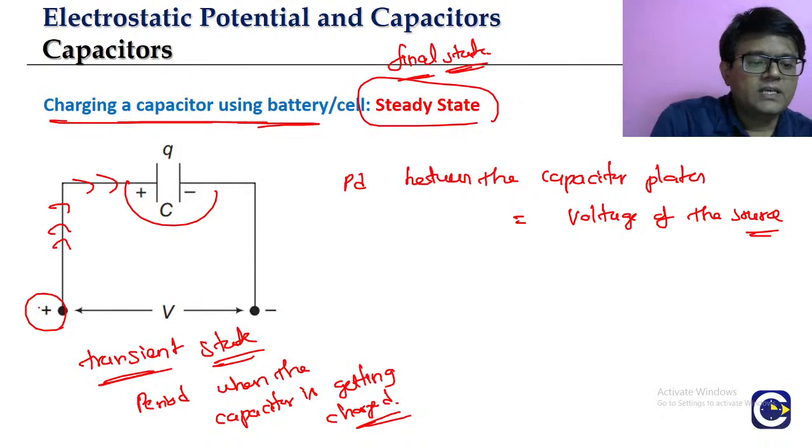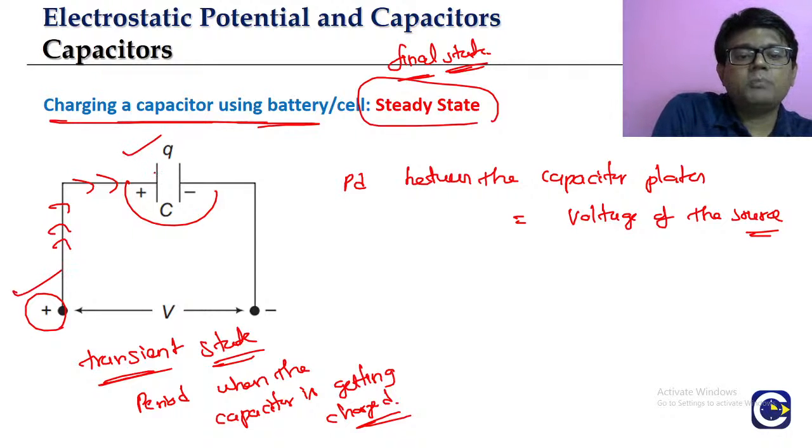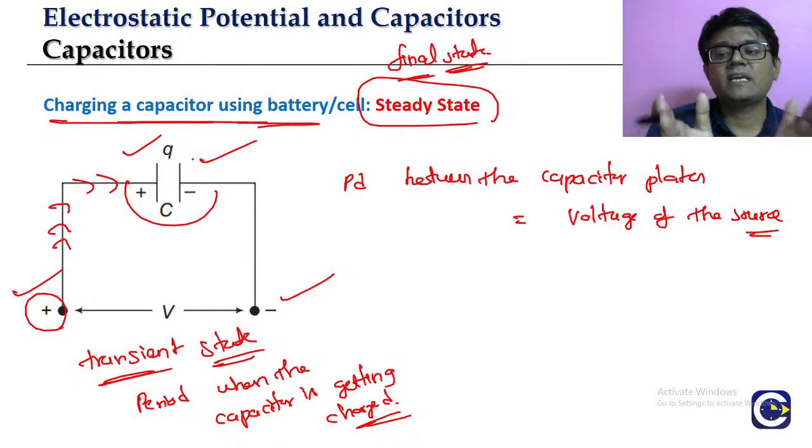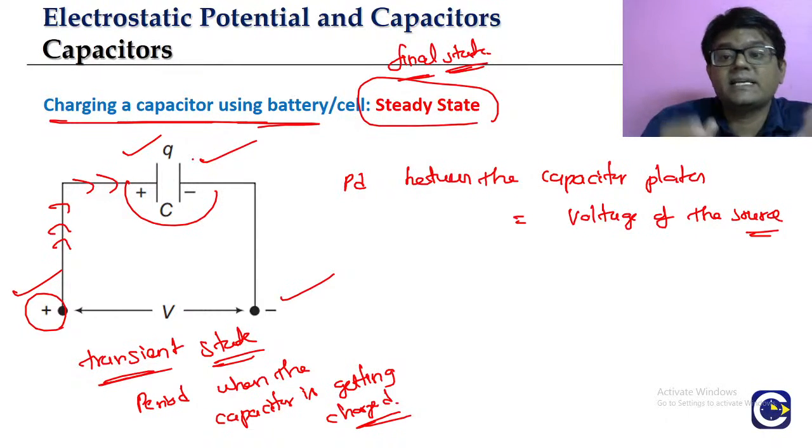The positive terminal of the battery will be at the same potential as the positive plate of the capacitor, and the negative terminal of the battery will be at the same potential as the negative plate. So the potential difference between the capacitor plates will be equal to the voltage of the source. That is what we'll call the steady state.